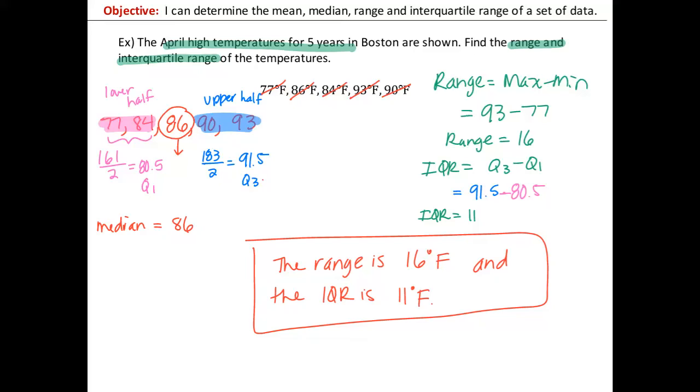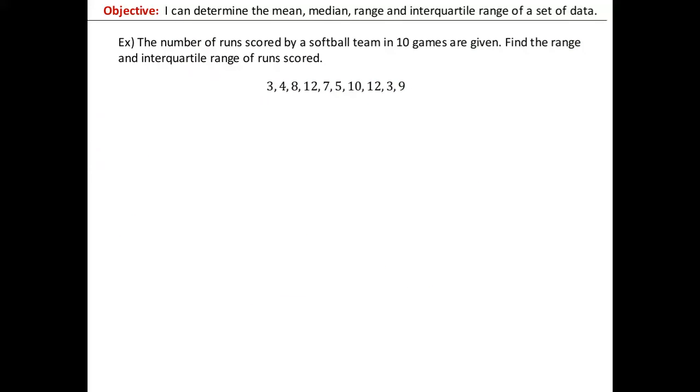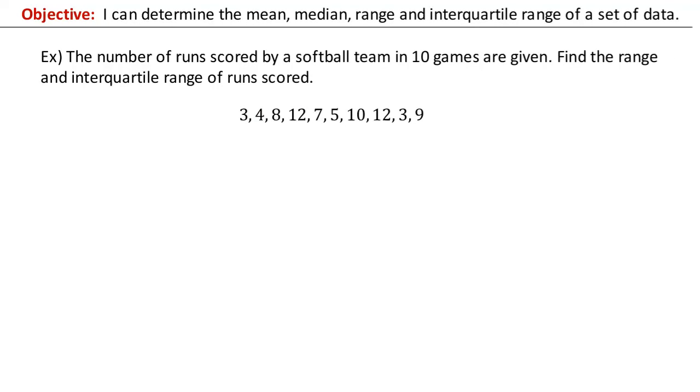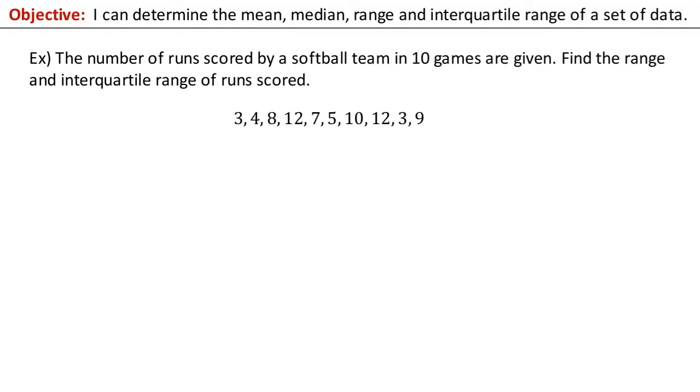All right, let's look at another example together. So looking at this one, I'm not sure if you need to copy any of the values down. But my context here says we have the number of runs scored by a sophomore team in 10 games.